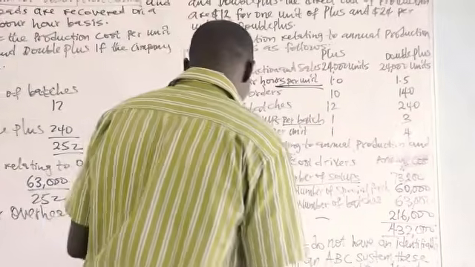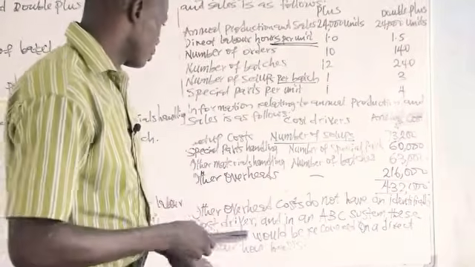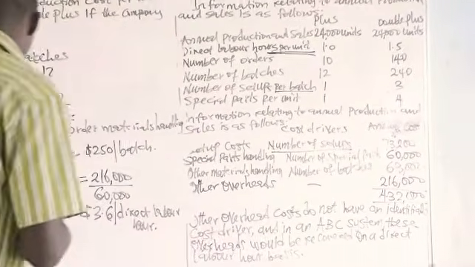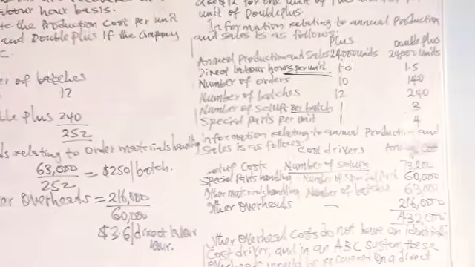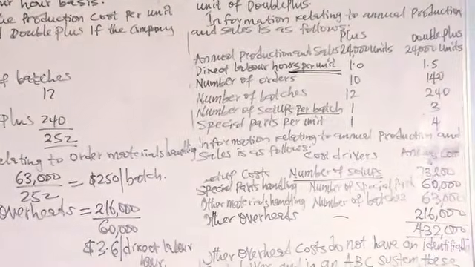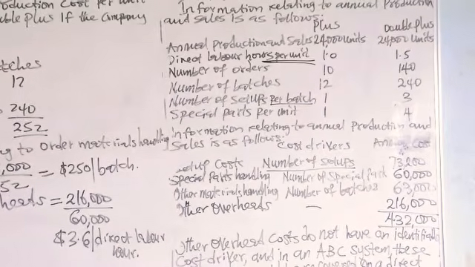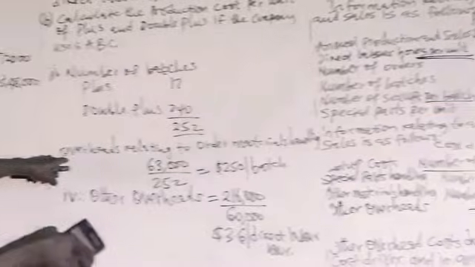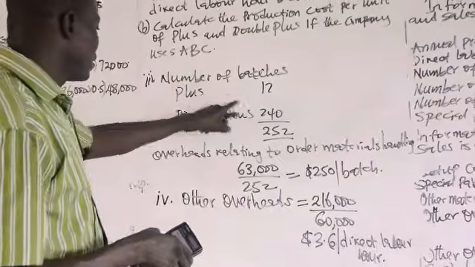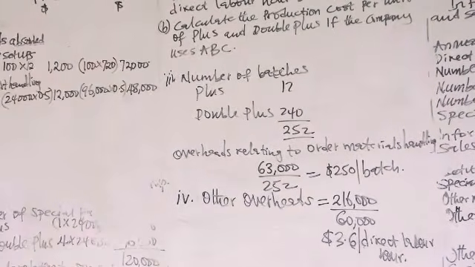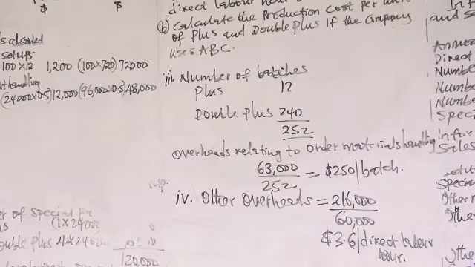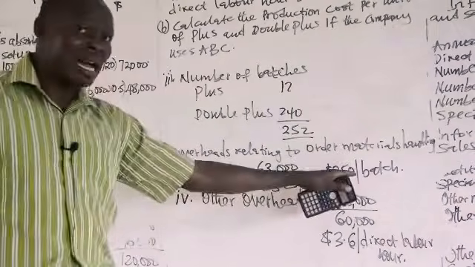Then we also have other materials handling, which is by number of batches. We got $250 per batch.